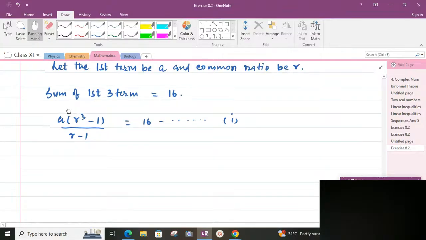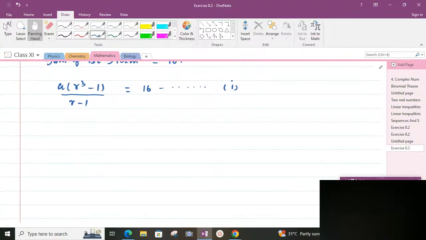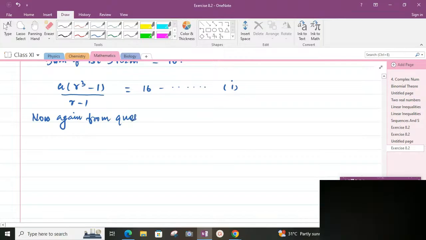Now again from the question, the sum of next three terms is equal to 128.